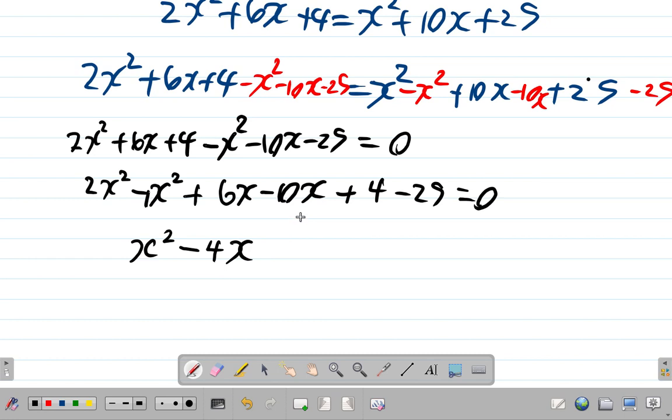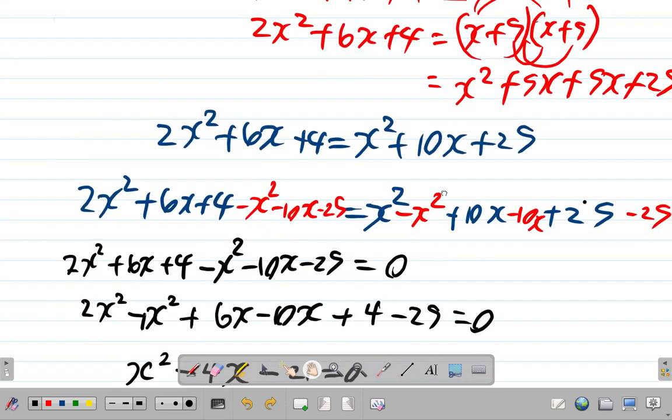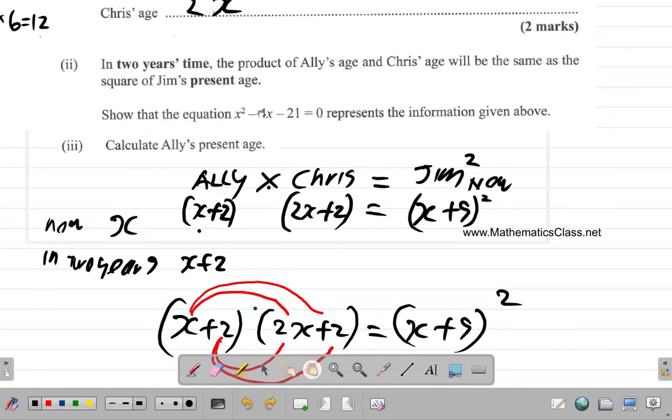Then 4 minus 25 gives you negative 21, equals 0. So what I'm saying is x squared minus 4x minus 21. x squared minus 4x minus 21. You see it?